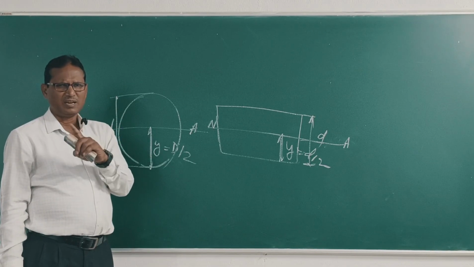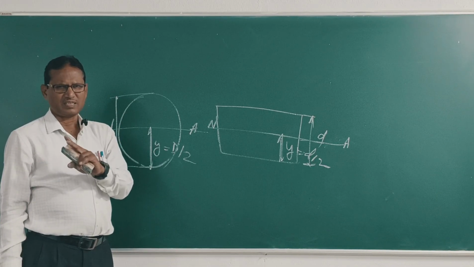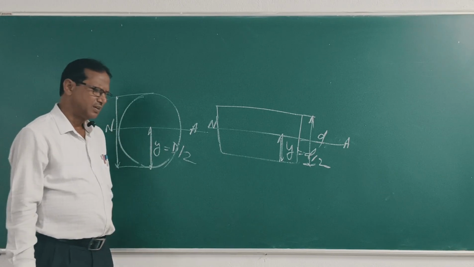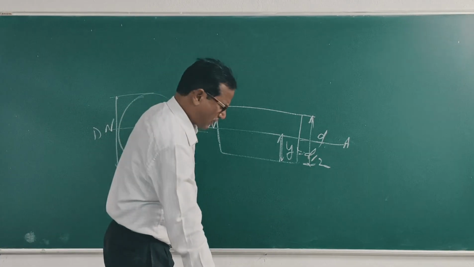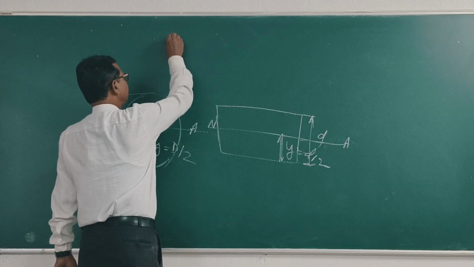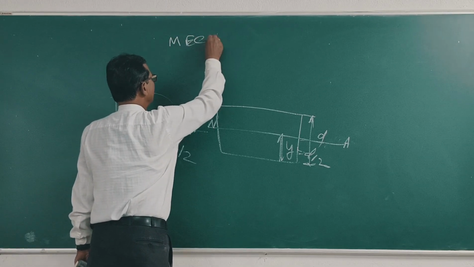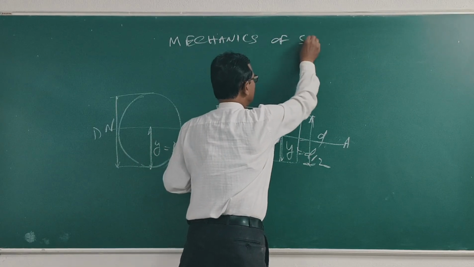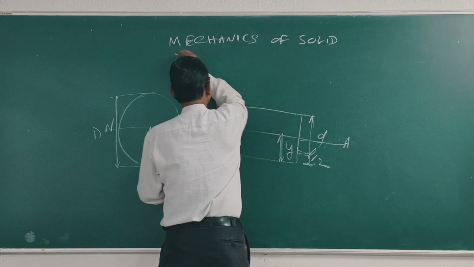Unsymmetric section means I section, T section, Z section, L section. Clear? So today our subject name is mechanics of solids.